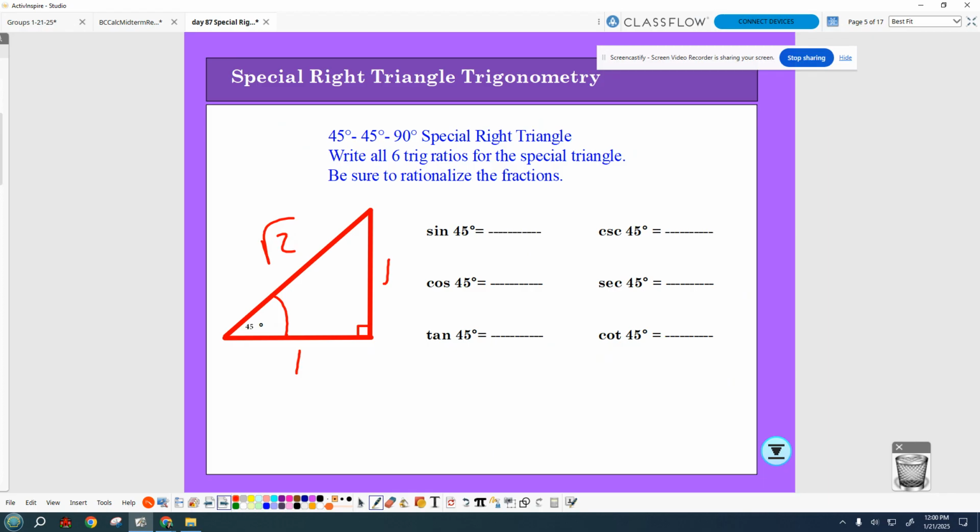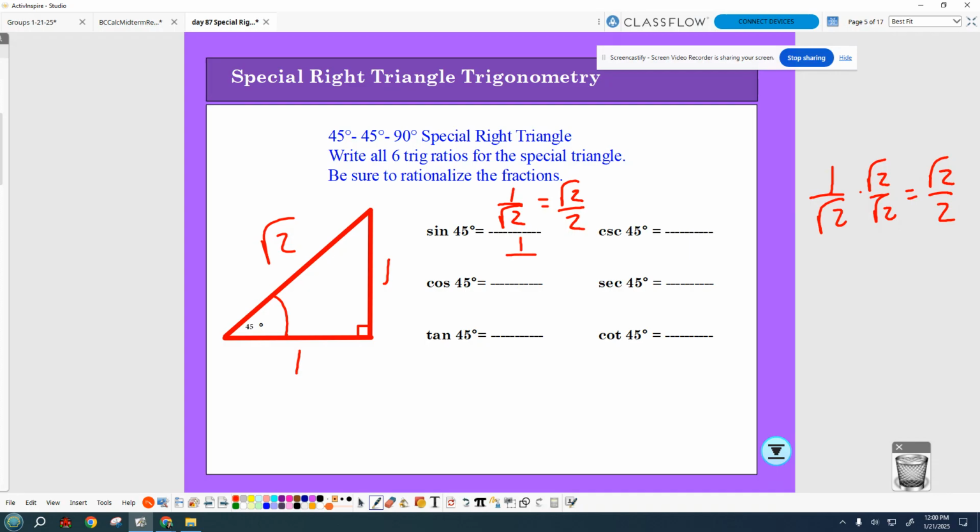So using the side lengths that we have memorized, 1 over root 2, which I am fine with if it is left that way. Please realize they might write it like that. You need to know that 1 over root 2 is exactly the same as the square root of 2 over 2. Valentina, what is cosine of 45?